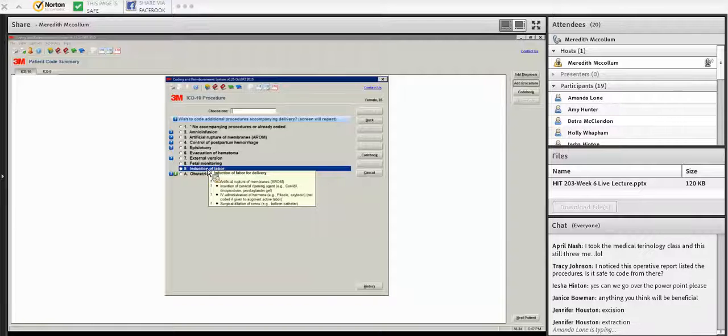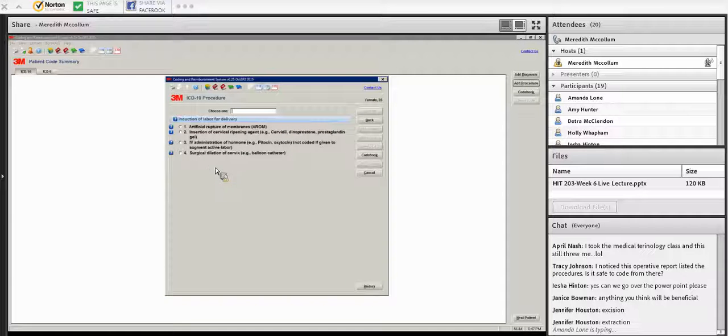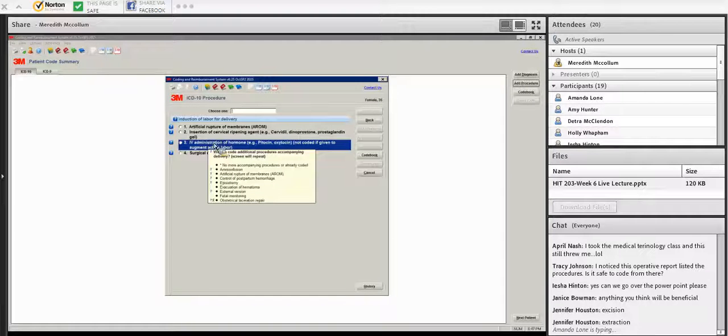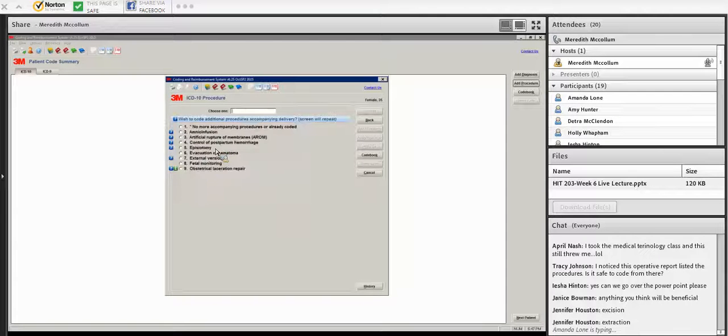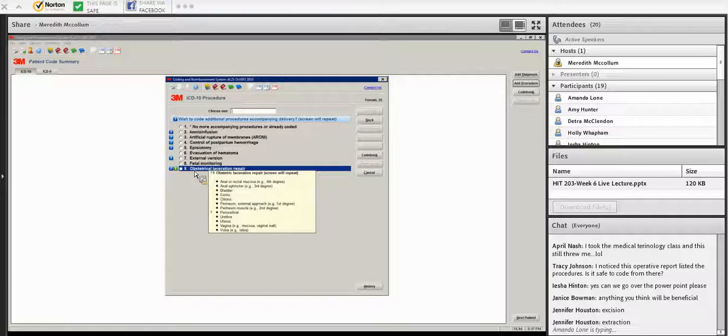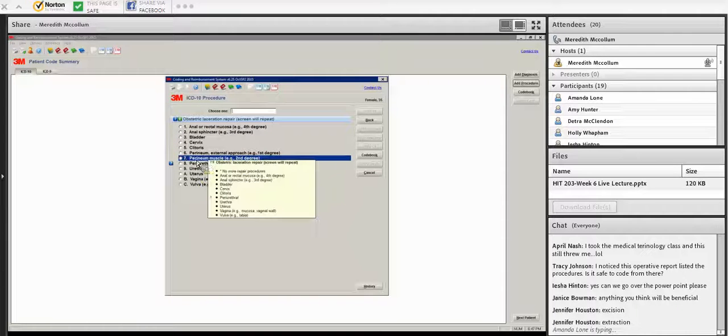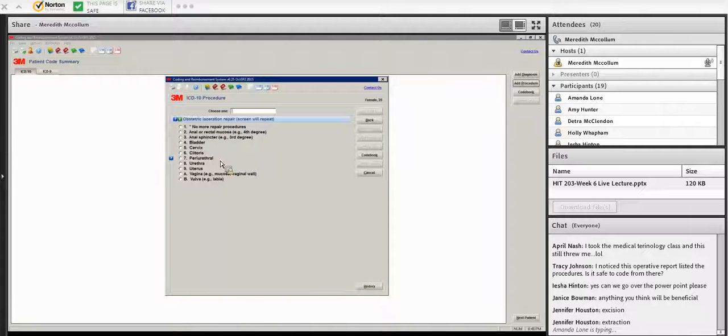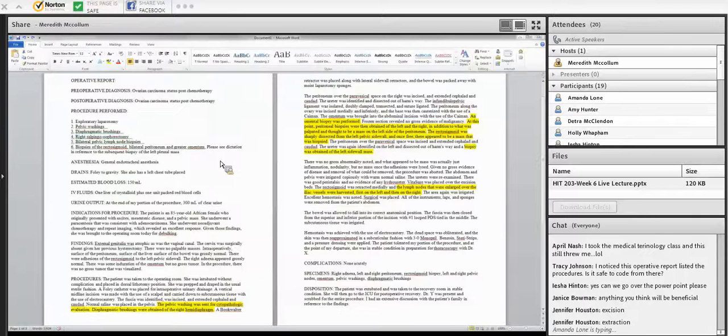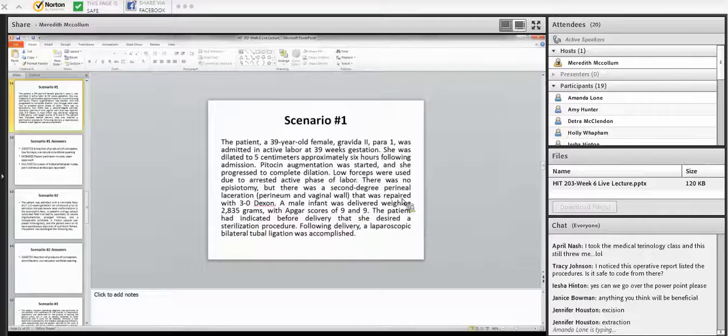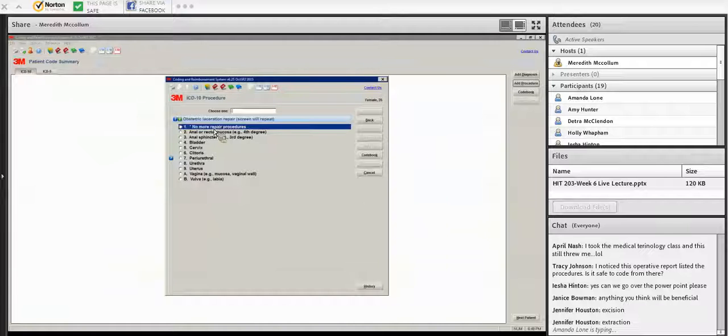In this case study, or at least in this slide, they are not. I would not code it given to augment active labor. I don't think she was in active labor. They did a laceration repair of the perineum. It was 2nd degree perineal laceration, and there were no more repairs.